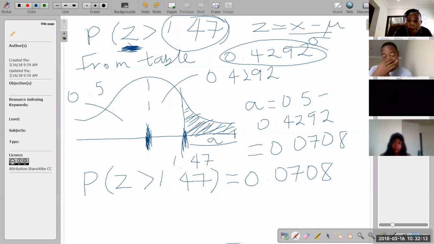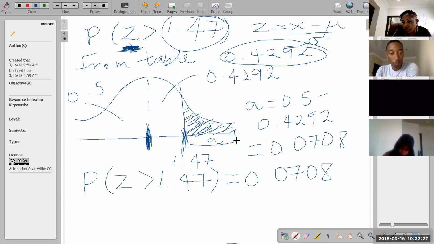So the middle point is your mean, and that is where it divides into 2. So definitely from this point to this point is the 0.4292. So you need this area. Since this area to the end is 0.5, subtract 0.4292 from 0.5, then you get this shaded area. And that's your probability of Z greater than 1.47.